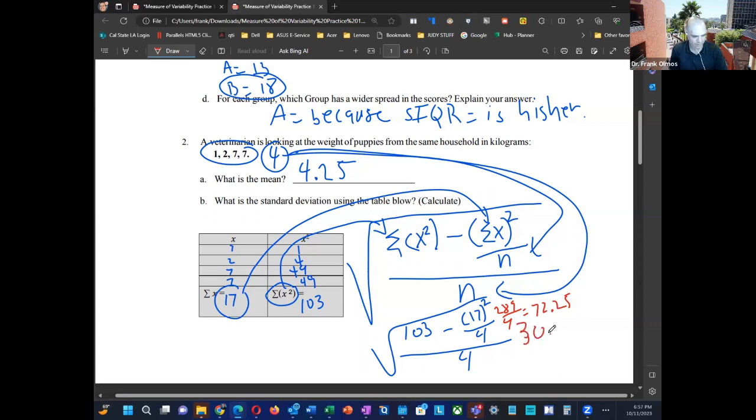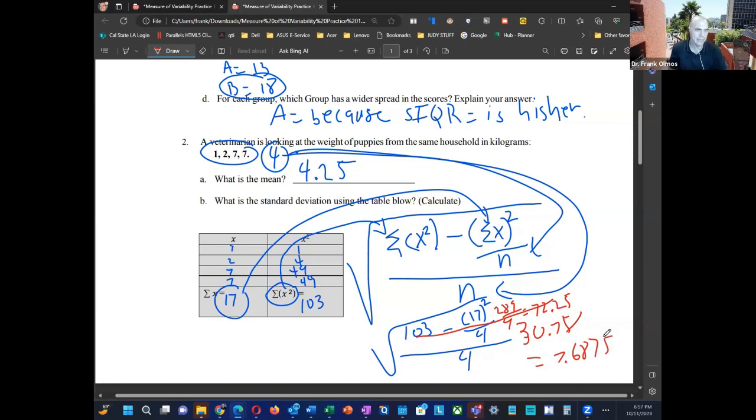Oops. So I'm done with this part. Divided by 4, then I get 7.6875. Okay, I'm not done yet.